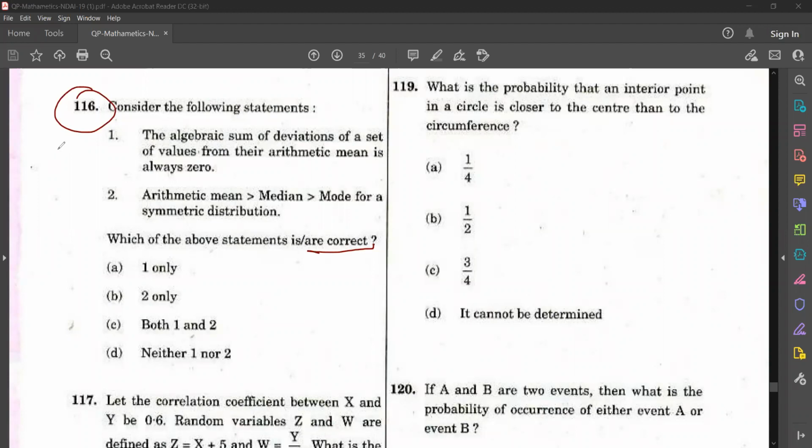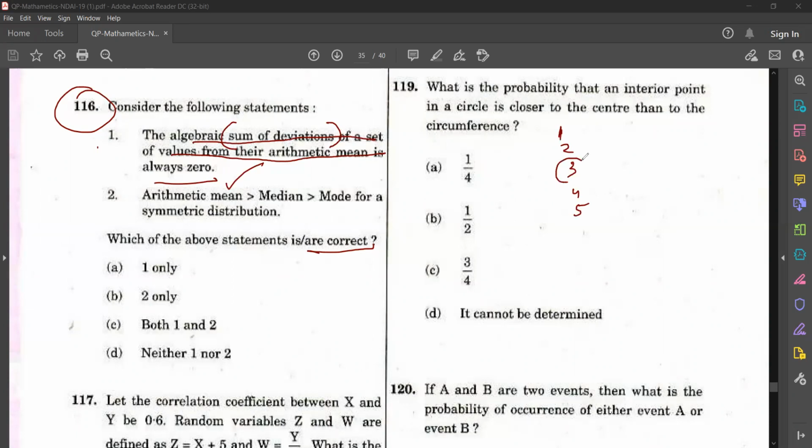Okay. So what about the first statement? Algebraic sum of deviations of a set of values from their arithmetic mean is always 0. That is correct, no? Algebraic sum will always be 0, isn't it? Suppose for example the values 1, 2, 3, 4, 5.